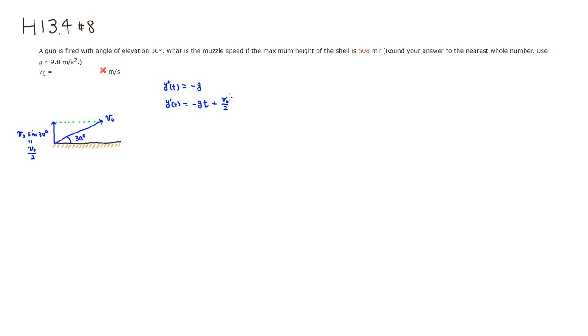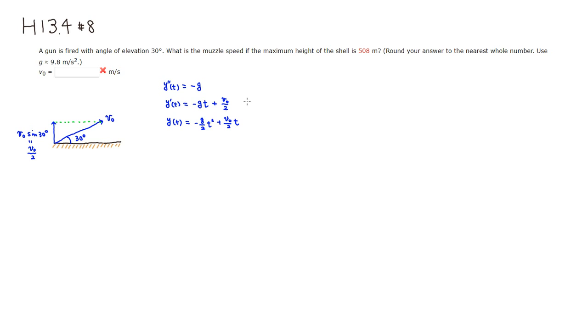If you want to find the height function, y of t, we take another antiderivative, so it's going to be negative g over 2 t squared plus v0 over 2, which is just a number, times t.